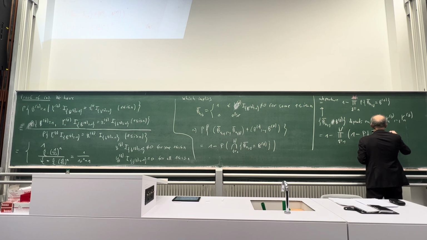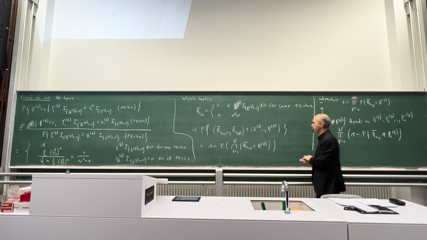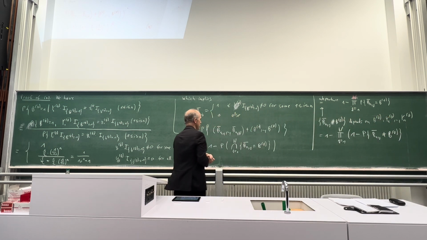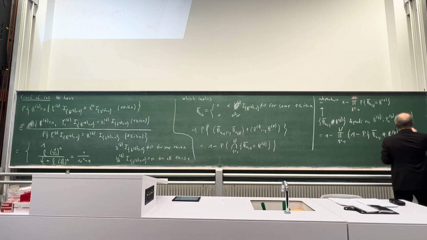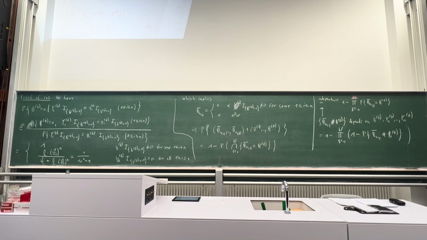Not equal Vj. And then you see what we have to compute is basically this one, and we will show that this is 1/2 times 1 divided by 10 to the power n, and then we are finished.